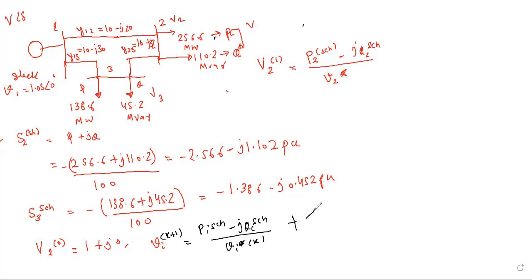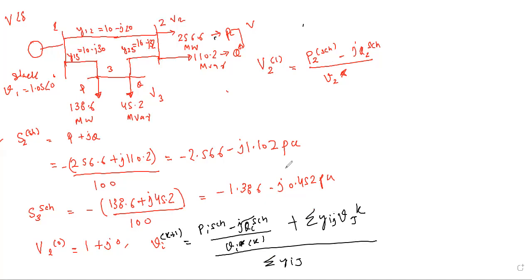plus the summation of Yij Vj(k). This is the formula wherein I will substitute. One important thing: what is the Yij value?